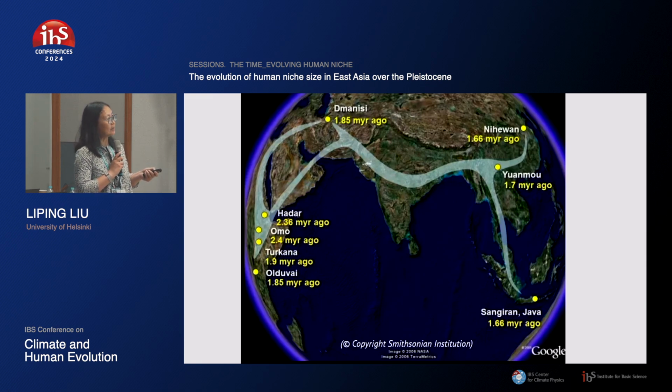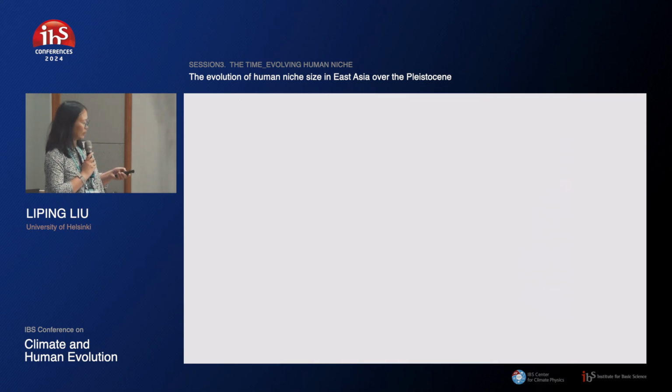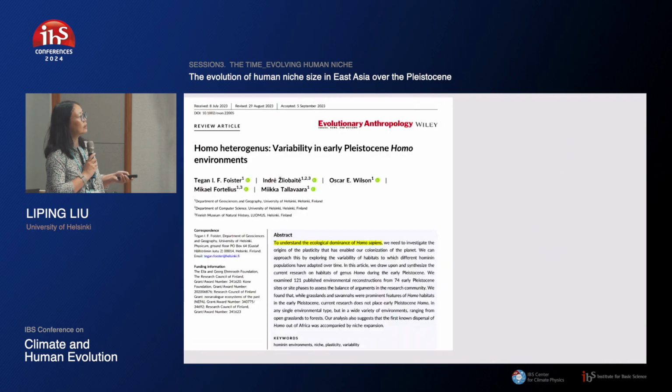So now there are more articles arguing for the grassland hypothesis. So we want to explore to answer the question: what kind of habitat did early humans come to Eurasia in?